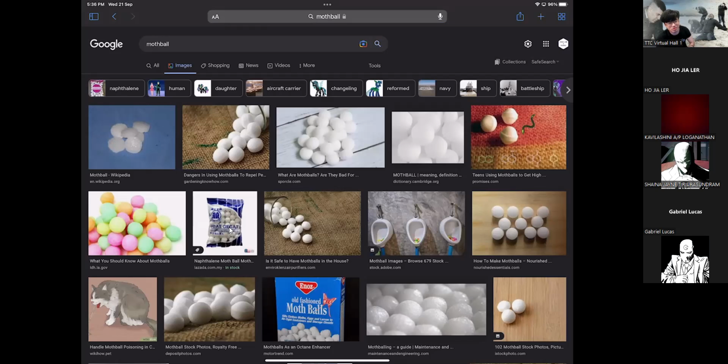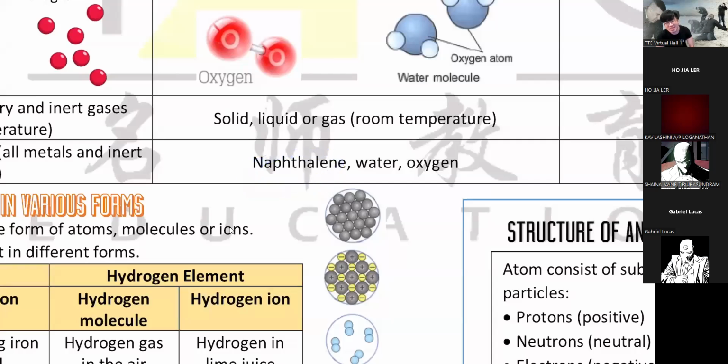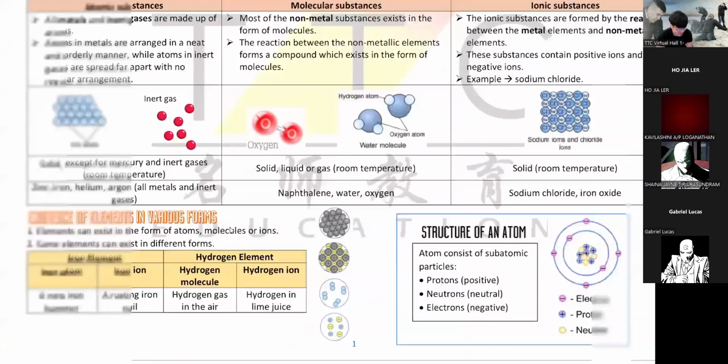So they put this in to chase the moths away. Not only do they chase moths away, they will also chase cockroaches away. They will chase anything away. They will chase humans away. Goodness me, this is so smelly. So that's your mothball, that's your naphthalene. They are a solid, and of course they are a non-metal. Well, obviously, this doesn't look like metal to me.